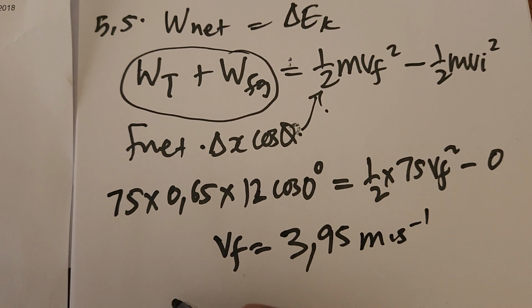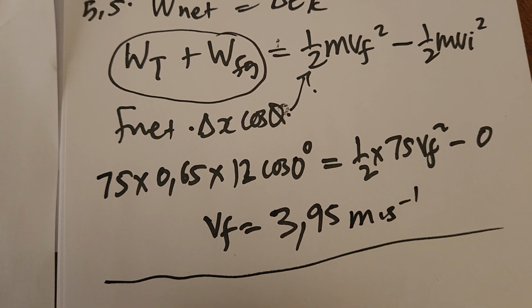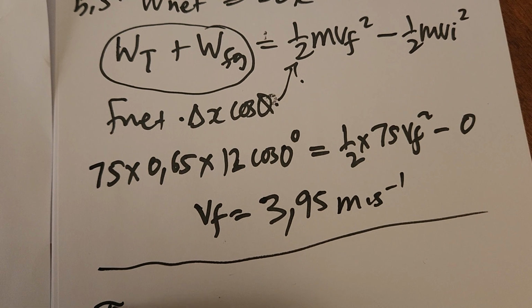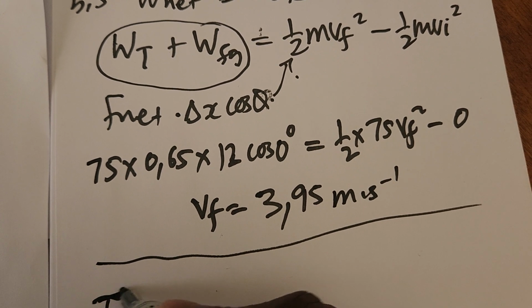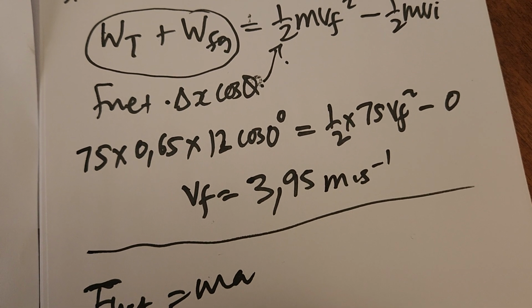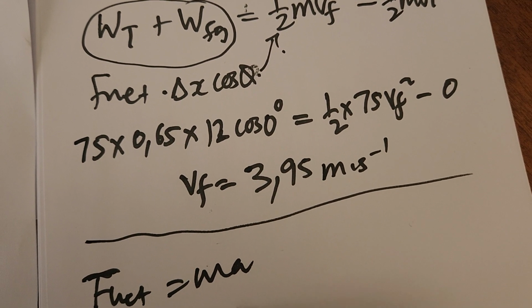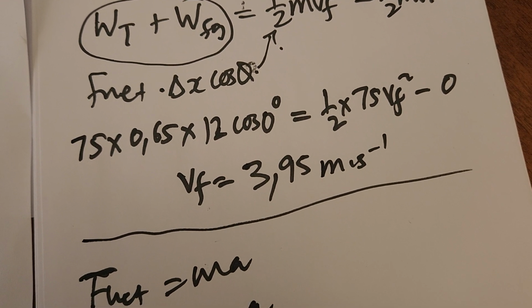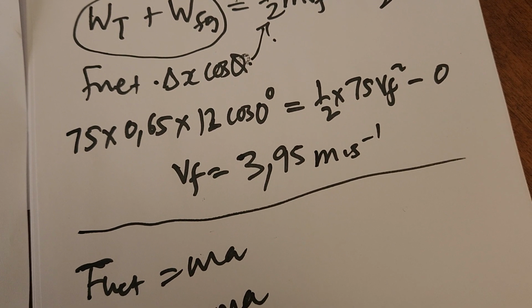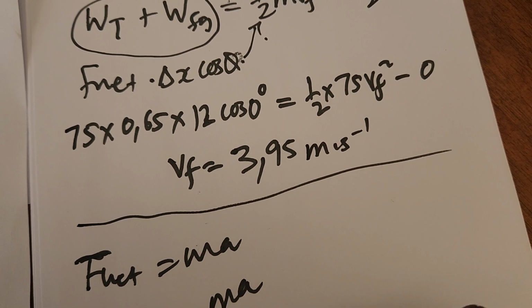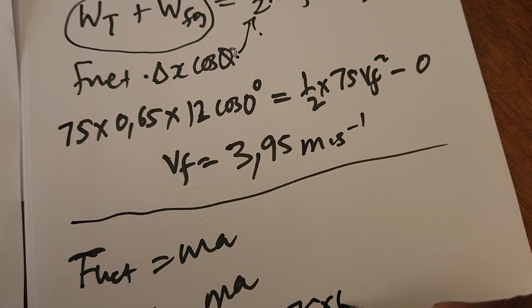The other option, you can also opt for going for tension first, to say F net equals to MA, and then the tension minus the weight equals to MA. You substitute: tension minus weight, which is 75 multiplied by 9.8, equals 75 multiplied by 0.65.